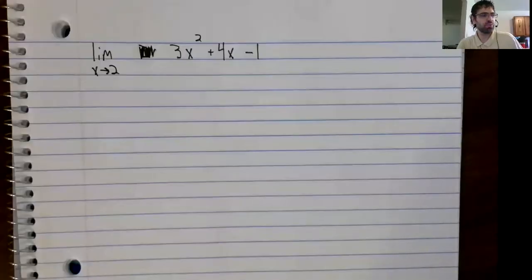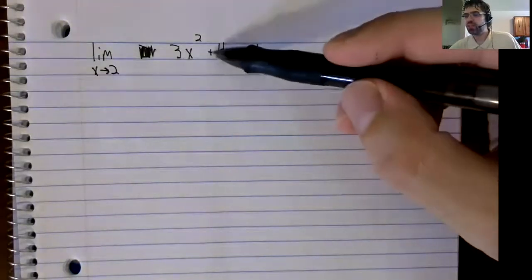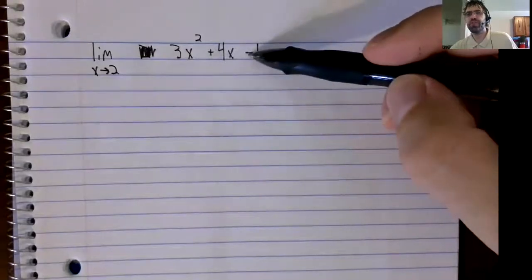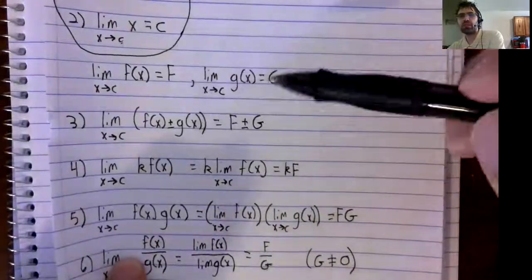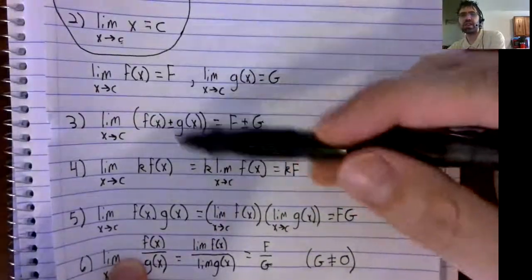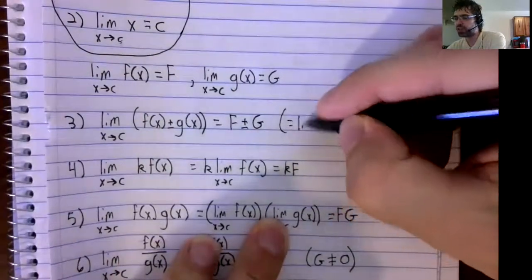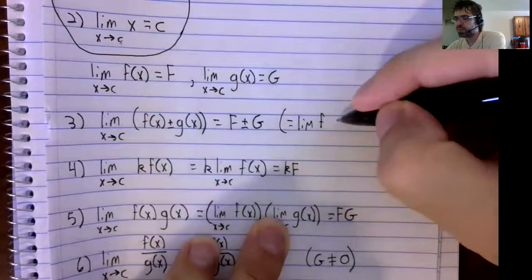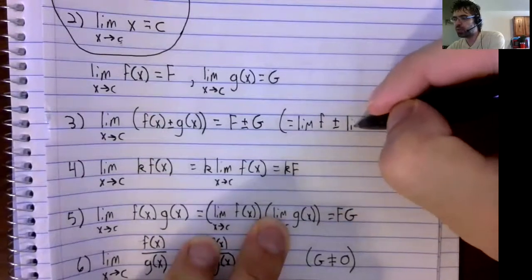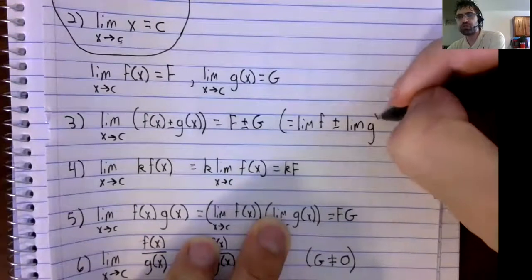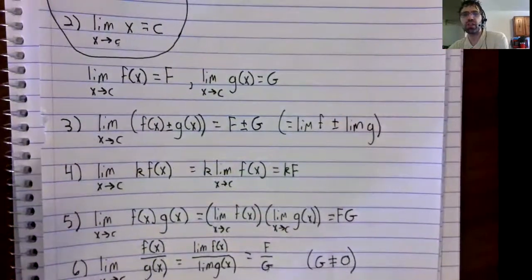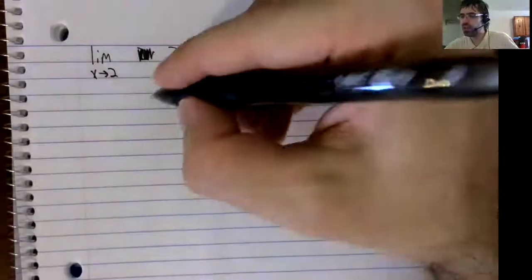Let's compute this limit. And we'll start by observing that we have a sum and a difference. And one of our limit rules tells us how to take the limit of a sum and a difference. It's the sum or the difference of the limits.